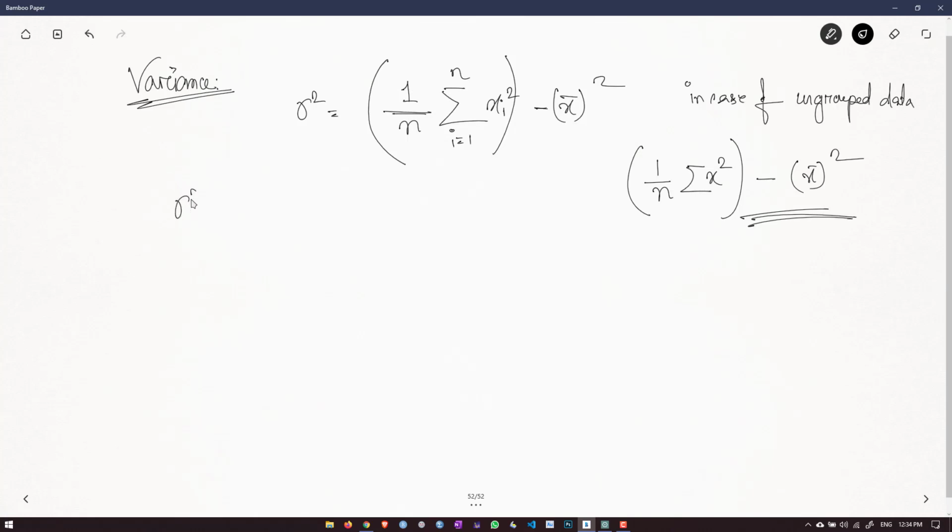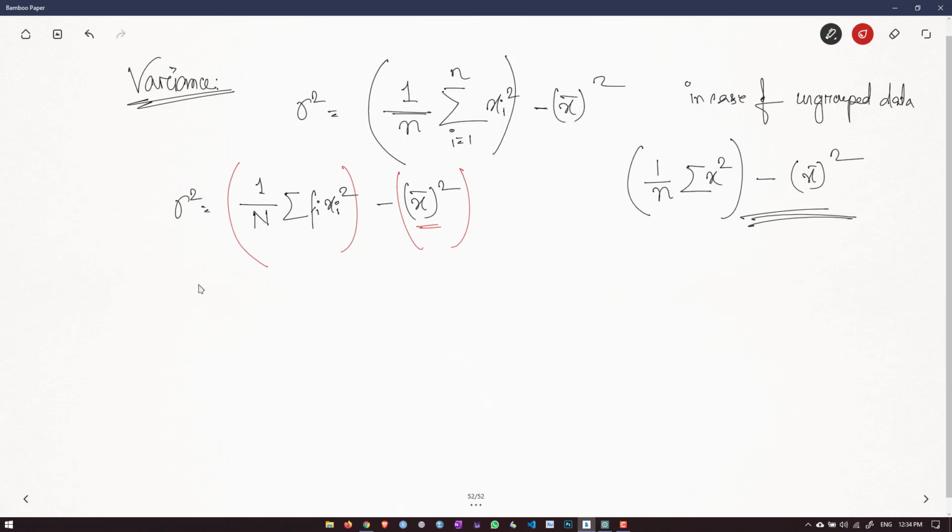Now if you have frequencies, the formula will be 1 by capital N summation fi xi square minus x bar whole square. Remember, this is a different term. This 1 by n is not multiplied with this x bar. Fine. So using this formula you calculate variance, then we calculate standard deviation simply by taking the square root.